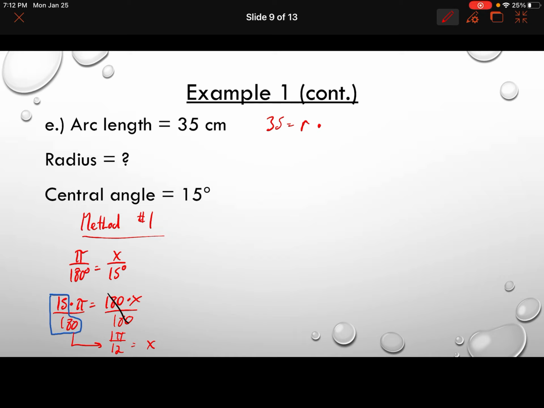So that means our answer is 1 pi over 12 is equal to x. So that is our angle in radians, pi over 12. That is what we would be using, pi over 12, in our formula.